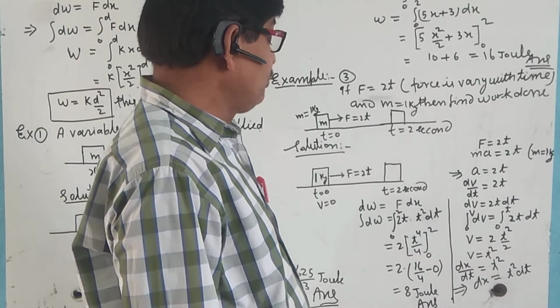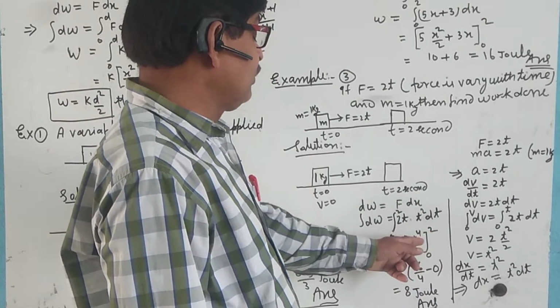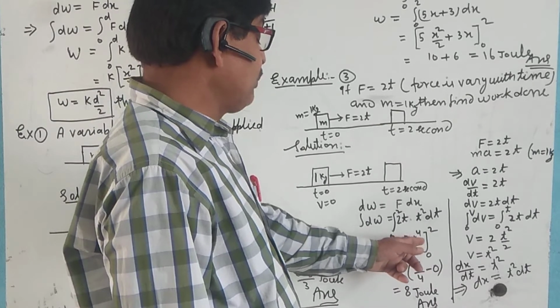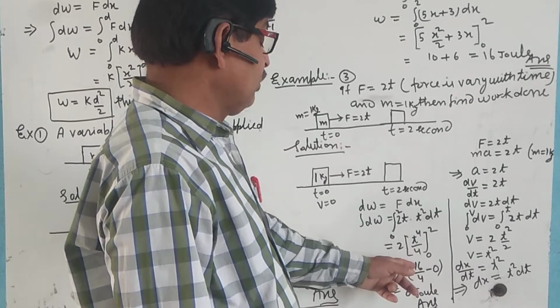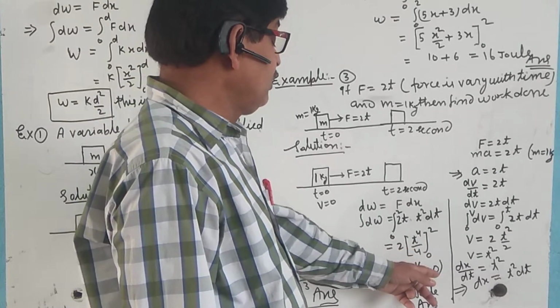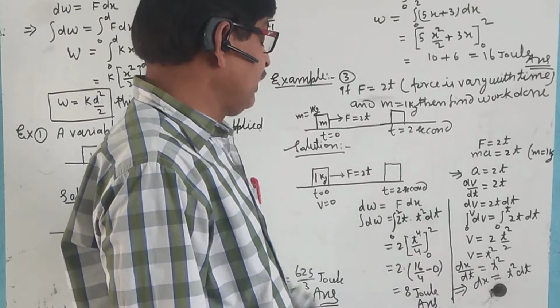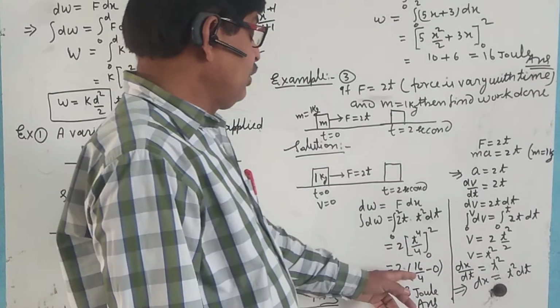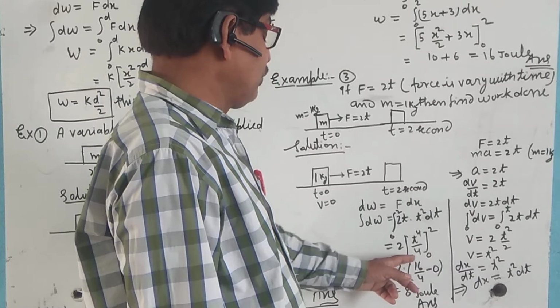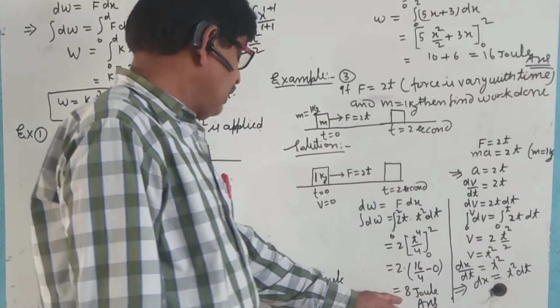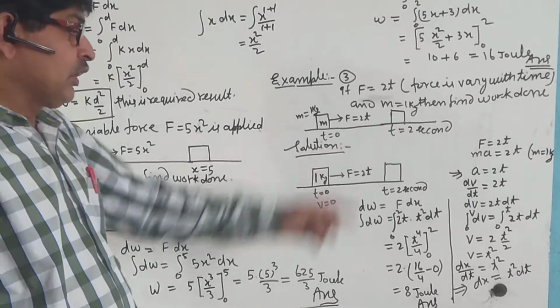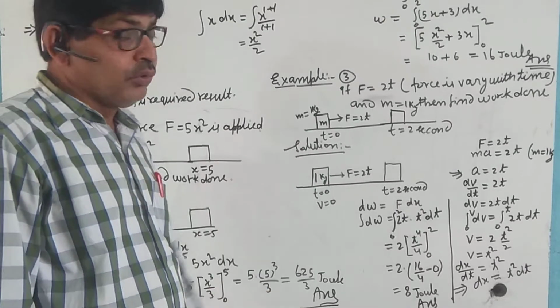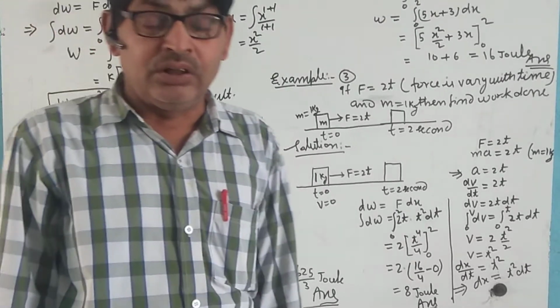Putting the value t equal to 2, 2 to the power 4 is 16, divided by 4, and t equal to 0 vanishes here. So 16 by 4 is 4, and 4 times 2 is 8 joule. So the work will be, in this case, 8 joule.